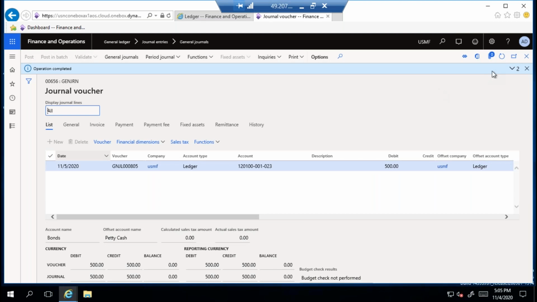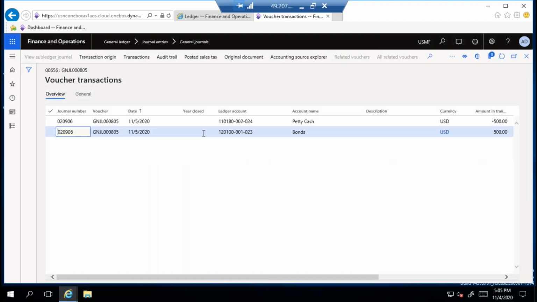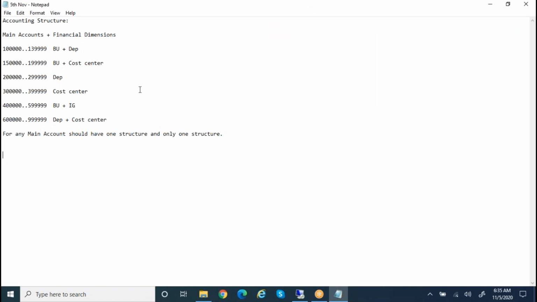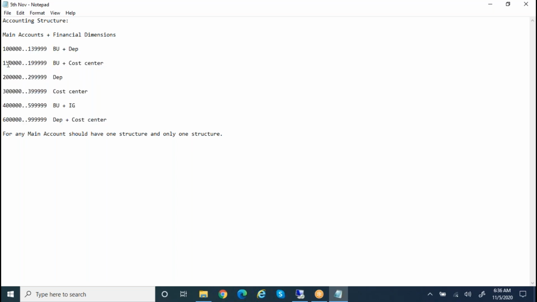So, understood this accounting structure, it was posted. If you verify the voucher, you can see the voucher is posted with combinations. You need to remember, you can create any number of structures and attach them to the ledger form. But each and every account should have one structure, and should have only one structure.